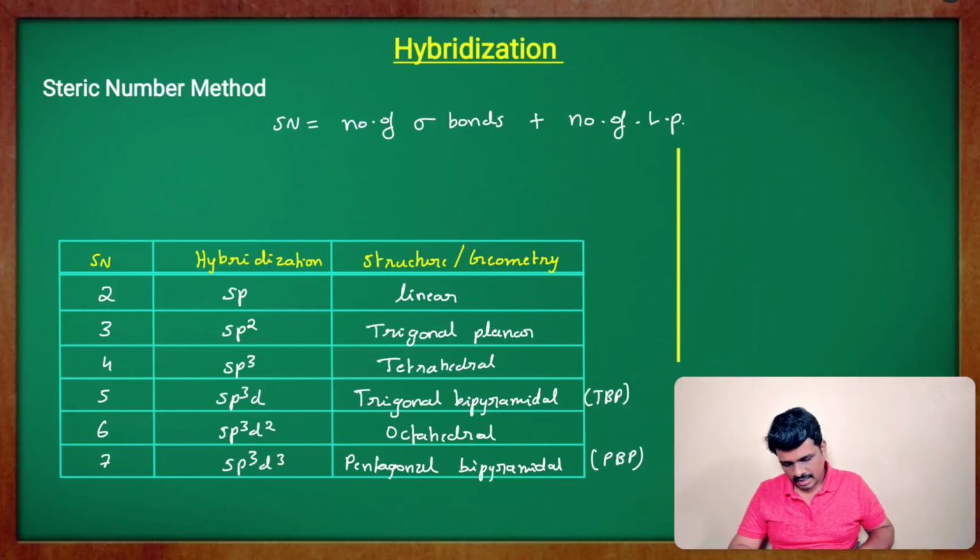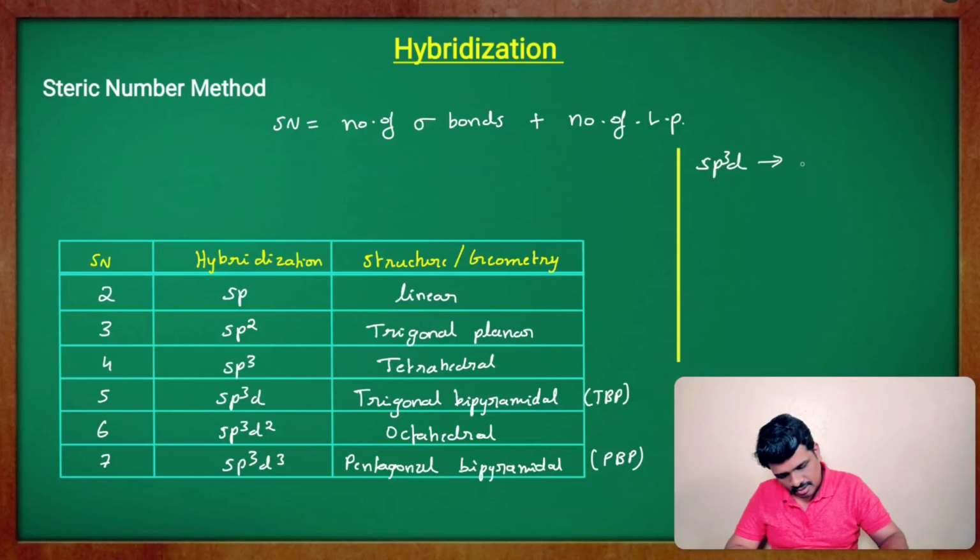Here, in case of sp3d, sp3d2 and sp3d3, we should remember which d orbitals are undergoing hybridization. In case of sp3d, the d orbital which is undergoing hybridization is dz square.